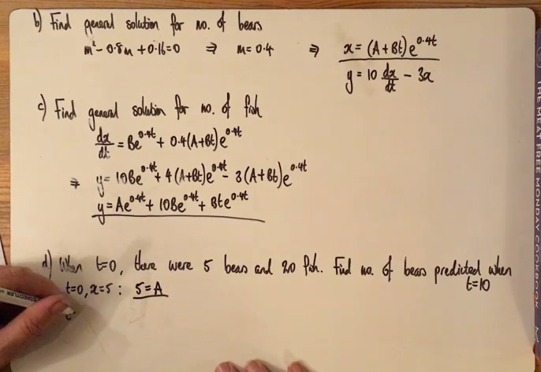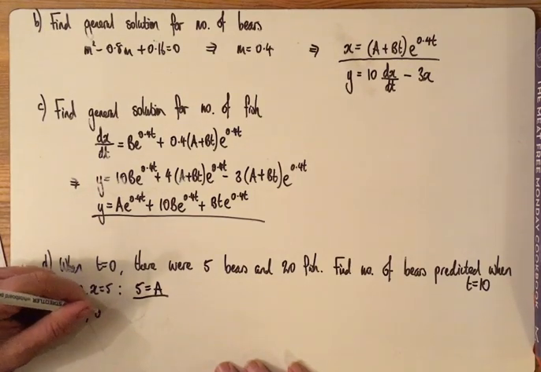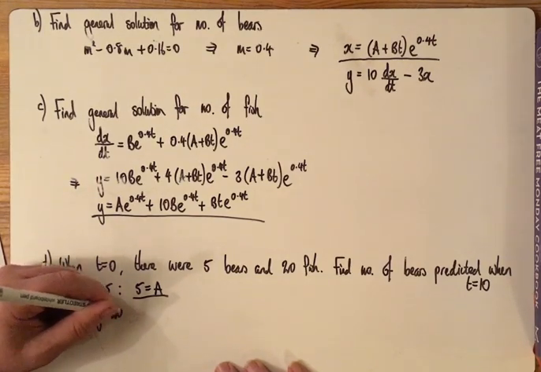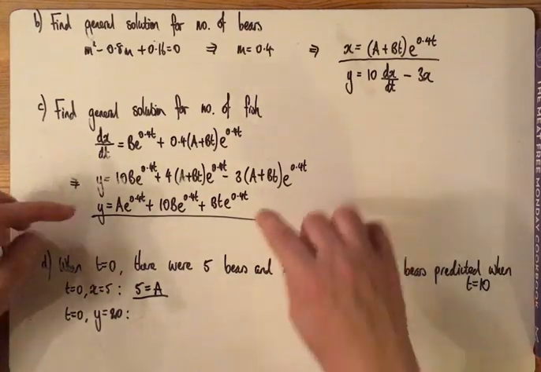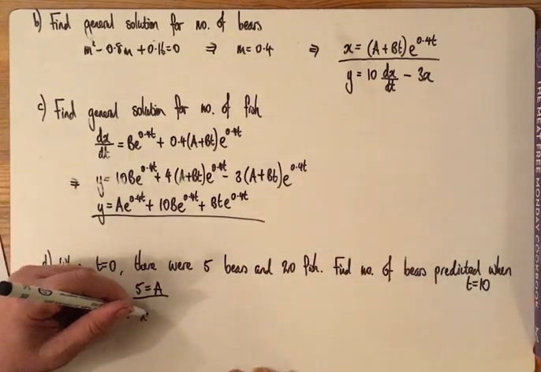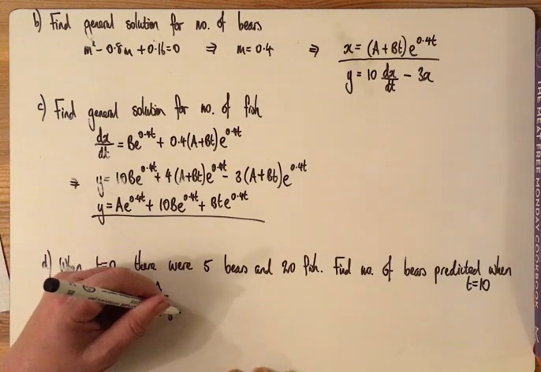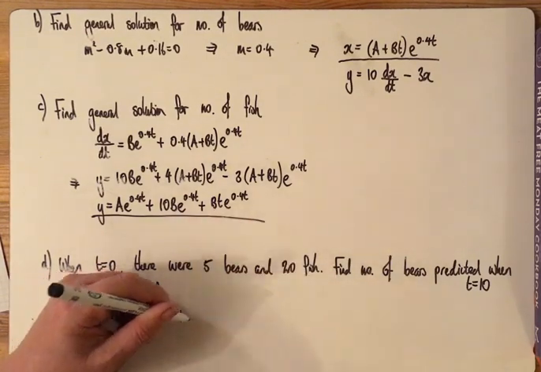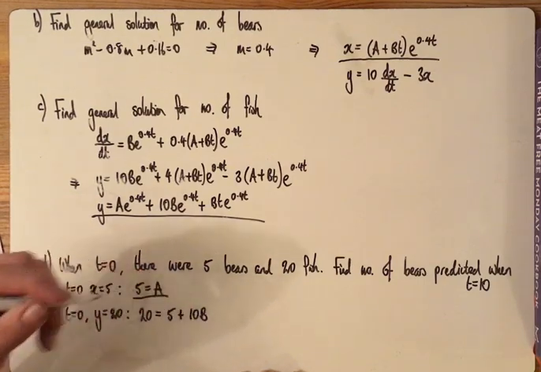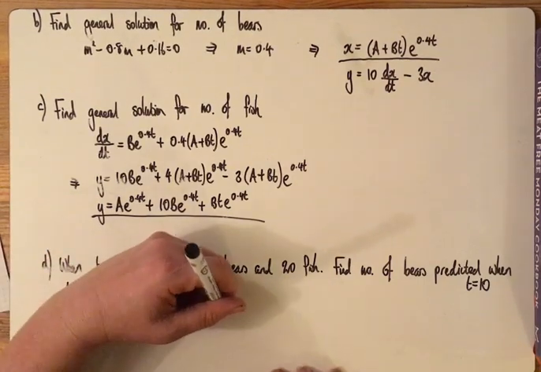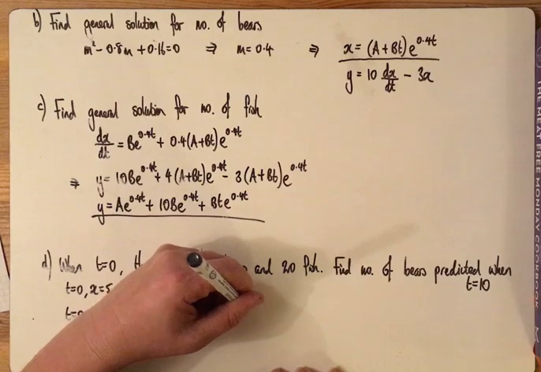And then t equals 0, y equals 20. Substituting into here, they look worse than they are. So 20 is equal to 5 plus, that one's going to go to 0, so plus 10b. And so b is equal to 1.5.